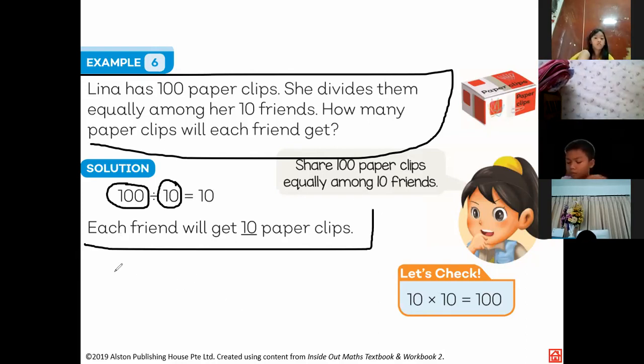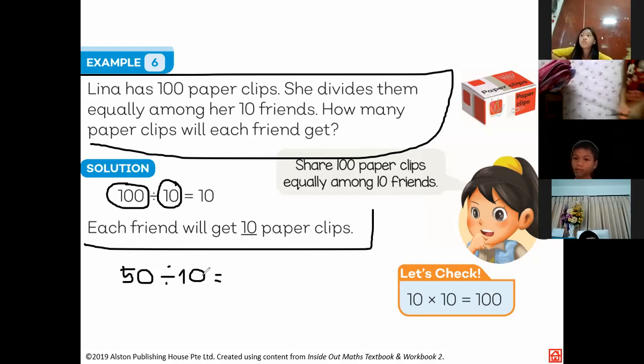But what about if Lena has 50 paper clips? What if Lena has only 50 paper clips and she has 10 friends?